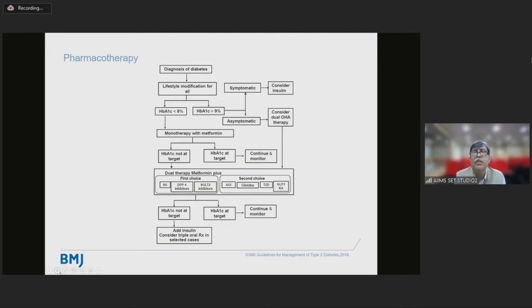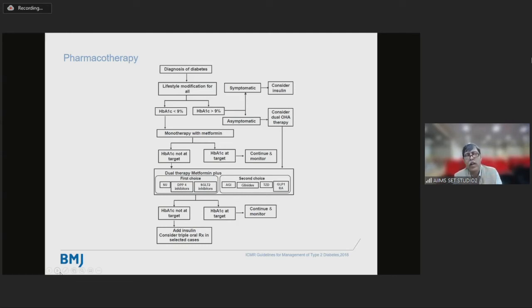Lifestyle modification for all. Symptomatic with osmotic symptoms, consider insulin till you make them asymptomatic. An A1C of less than 9%, single therapy. At 9% or above, if it's symptomatic, insulin; if asymptomatic, you start with dual therapy. And then, of course, you keep up titrating.